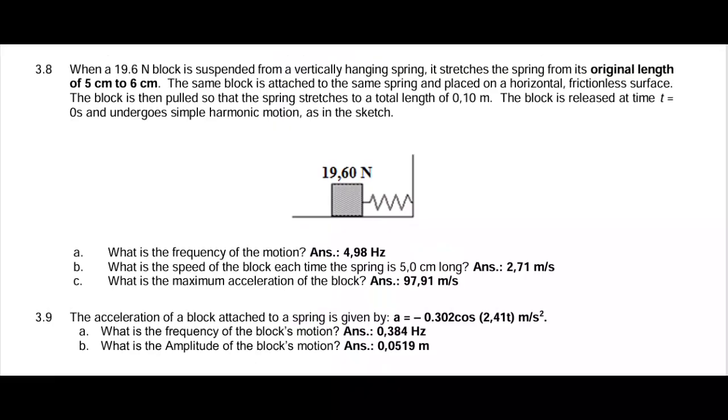So 3.8 says when a 19.6 Newton block is suspended from a vertical hanging spring, it stretches the spring from its original length of 5 centimeter to 6 centimeter. So which means now the spring is stretched by 1 centimeter.